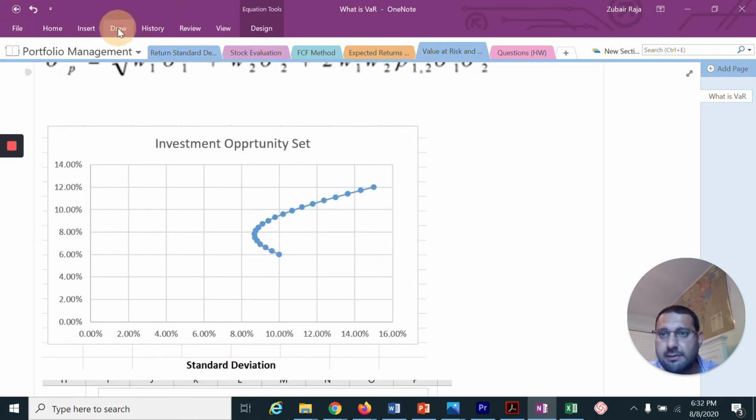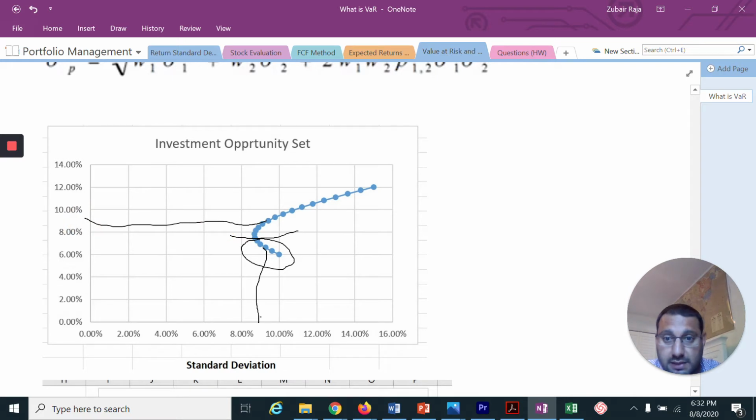So anything below this line, like over here, you should not invest. Why should you not invest? Because these are inefficient portfolios. At the given risk, you have another portfolio present with a higher return. So something like over here.